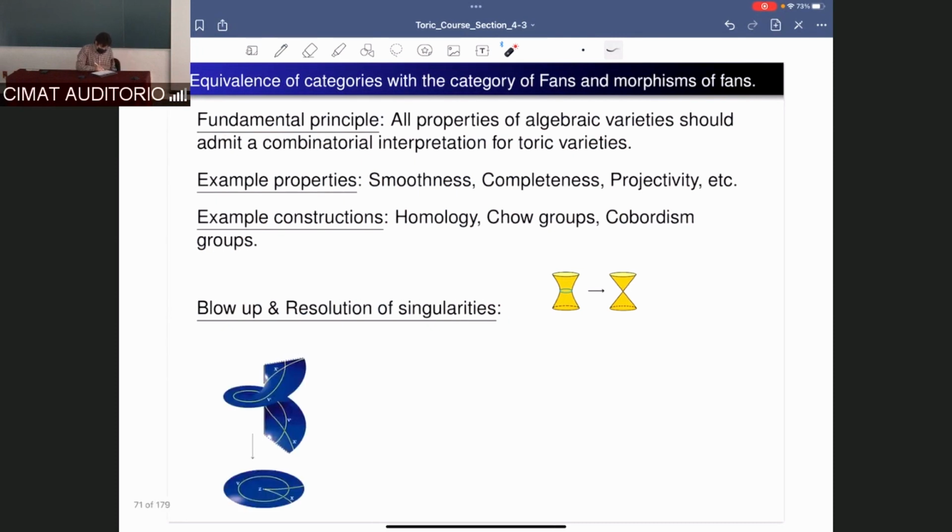Then, for example, if you start from affine space of dimension 2 and blow up a point, you might have seen this picture, you get a Cartier divisor instead of that point, and everything else is the same. If downstairs you remove the point, and upstairs you remove the Cartier divisor that you just put there, they are isomorphic.